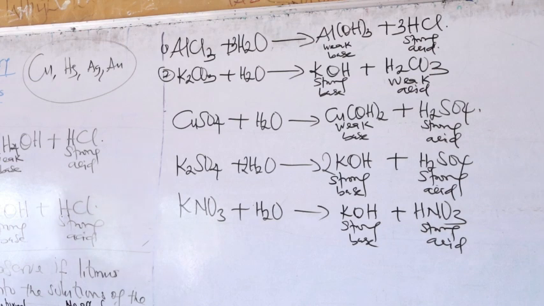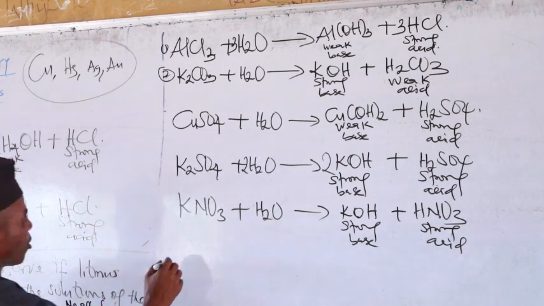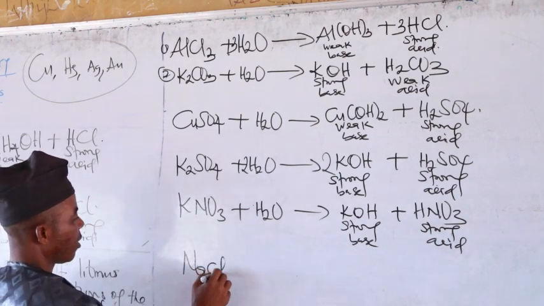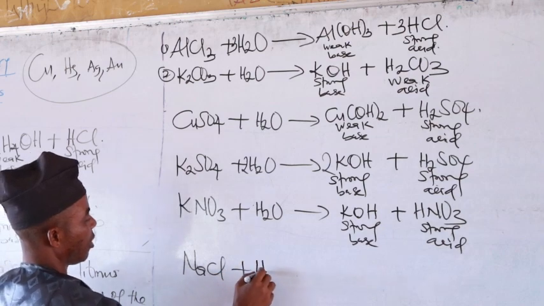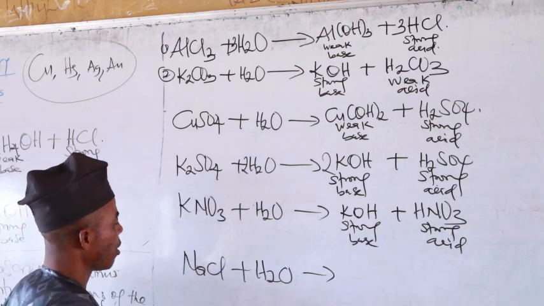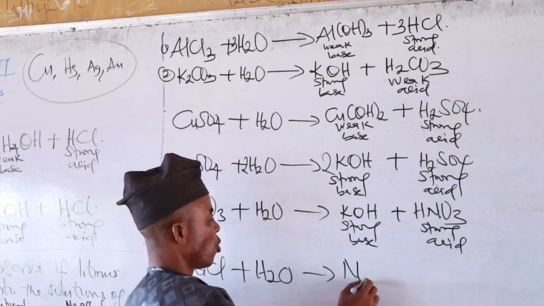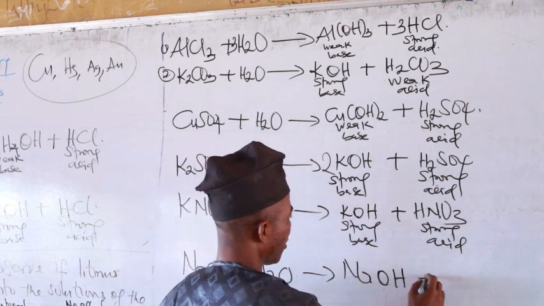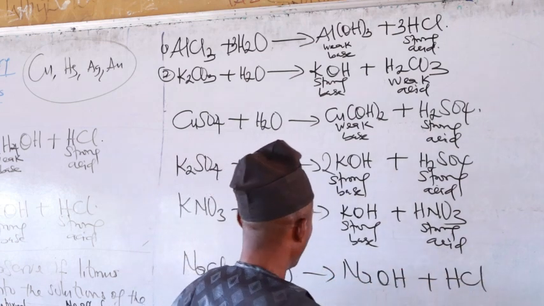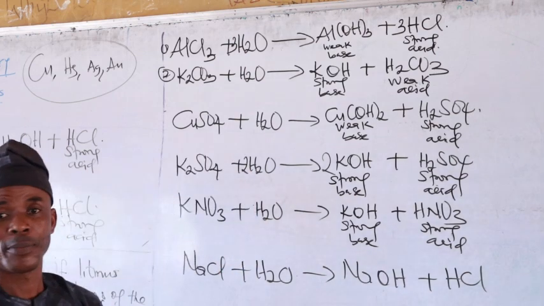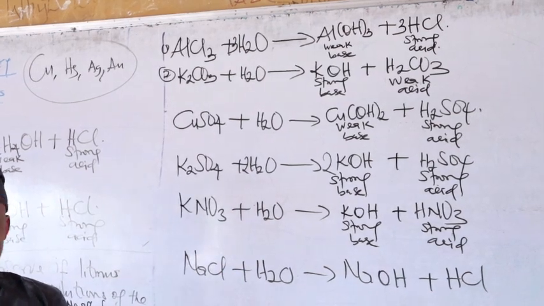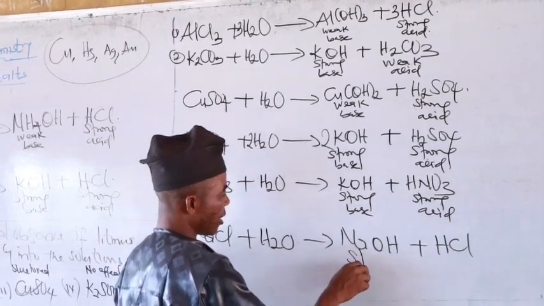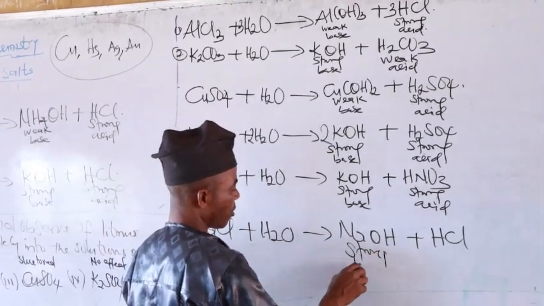And finally, the hydrolysis of sodium chloride in water will give us sodium hydroxide and HCl. Sodium hydroxide is a strong base.